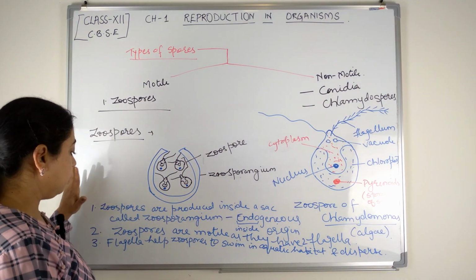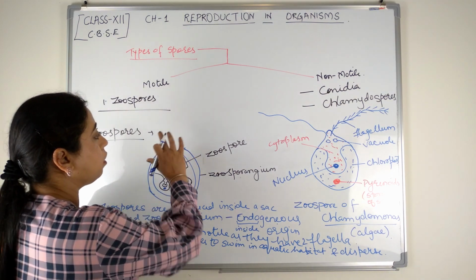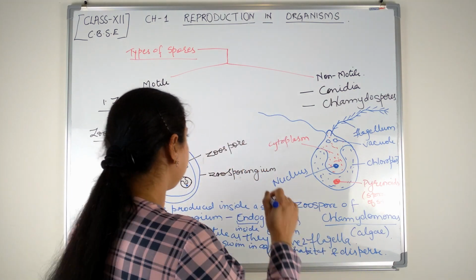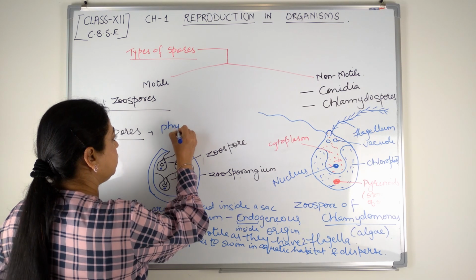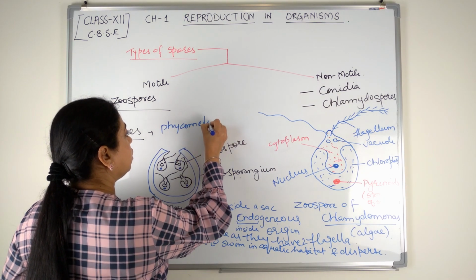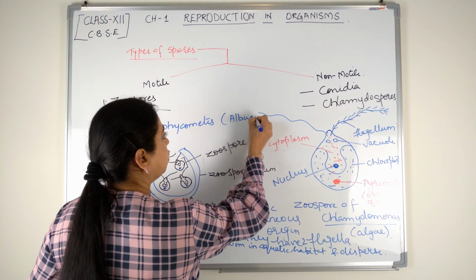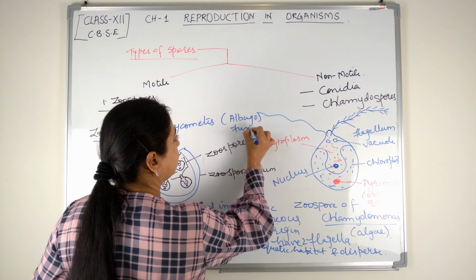Now, other than this, zoospores are most commonly formed in phycomycetes, for example Albugo. This is a type of fungus.